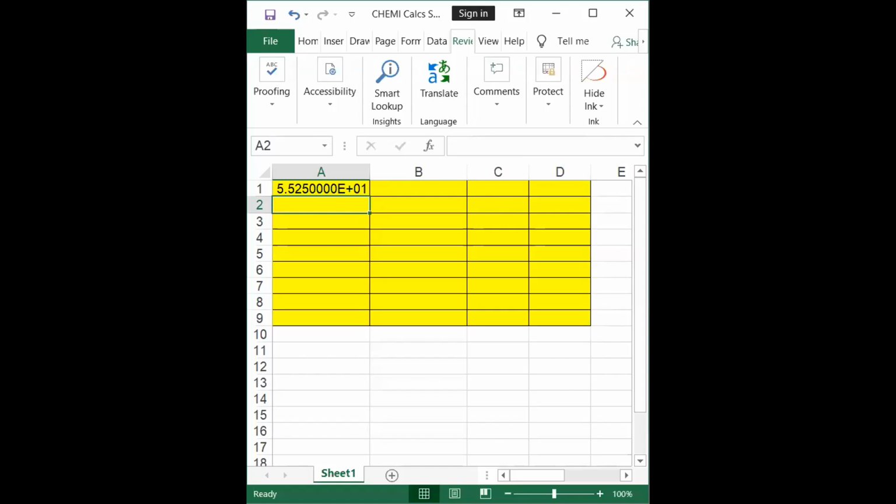And you should see on your screen right now my spreadsheet. Thumbs up, people. And notice I have three exact numbers. So I'm going to round this off to 3 significant figures.